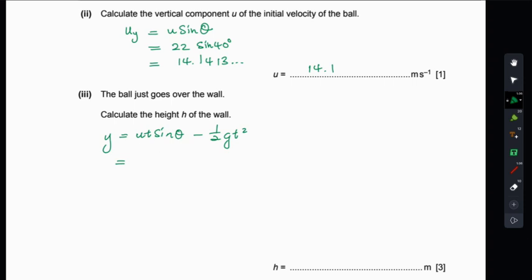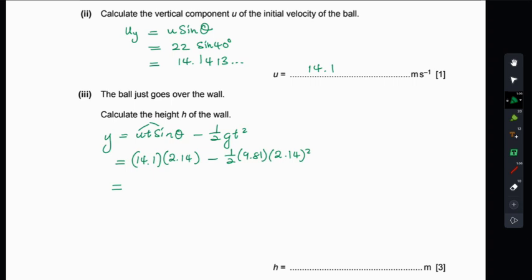We already know the initial vertical component is 14.1 for u sine theta, times t, which is 2.14, minus half times g, which is 9.81, times 2.14 squared.